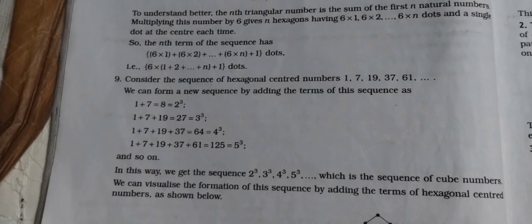Multiplying this number by 6 gives n hexagons having 6 into 1, 6 into 2, 6 into n dots and a single dot at the center each time. So the nth term of the sequence has 6 into 1 plus 6 into 2 plus 6 into n plus 1 dots. That is 6 into (1 plus 2 plus n) plus 1 dots.